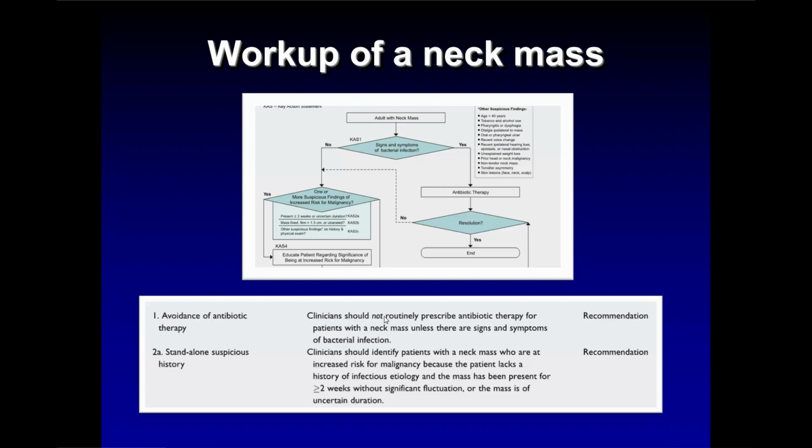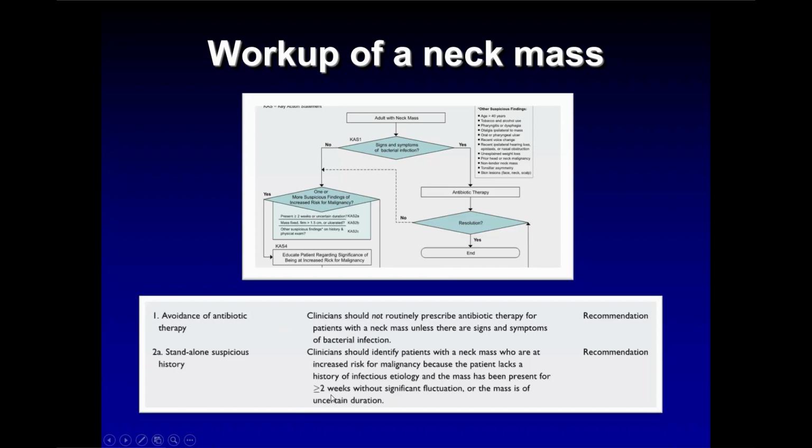But for something that has been present for a longer period, so a standalone suspicious history, you get shifted off to this column here. So one or more suspicious findings of increased risk of malignancy. And so you really want to tease this out in the history, so you want to identify those that are at risk.